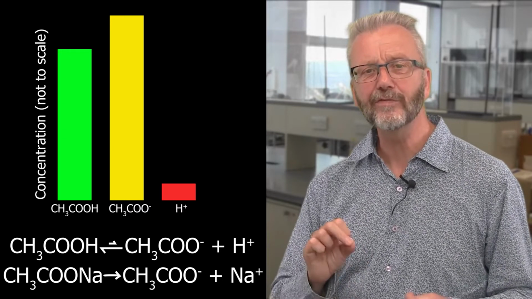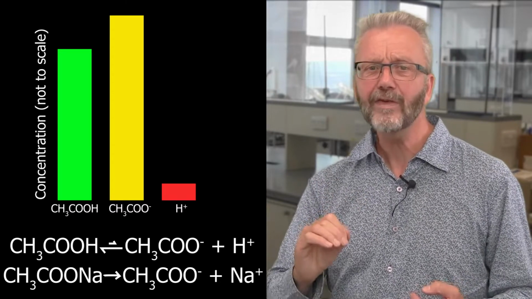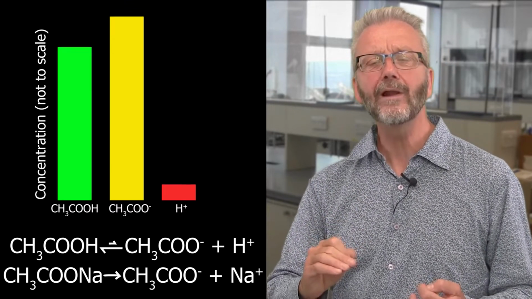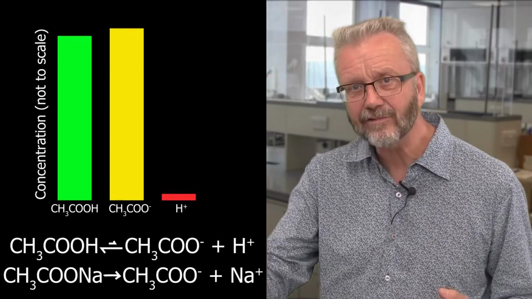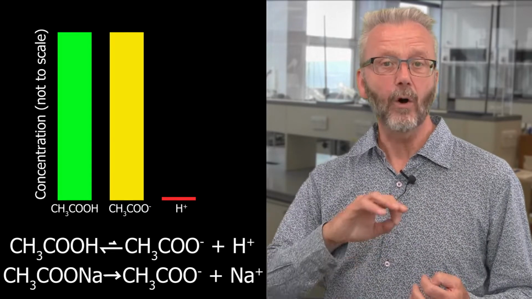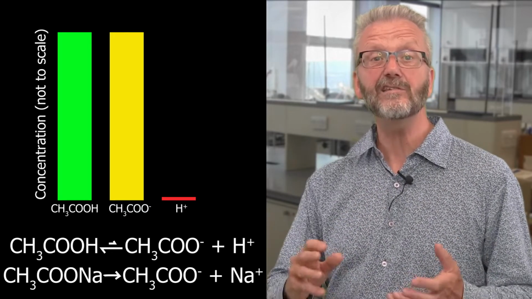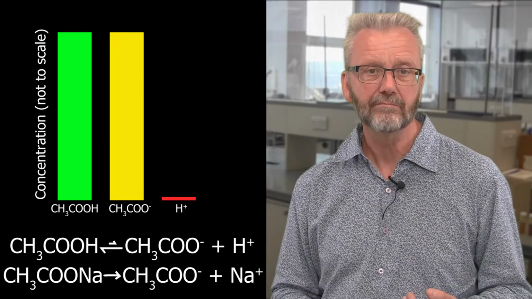Because the addition of the sodium ethanoate raises the concentration of the ethanoate ion, the equilibrium of the ethanoic acid is pushed back to the left. To a very good approximation, we can say that all of the ethanoic acid exists in solution as undissociated molecules.